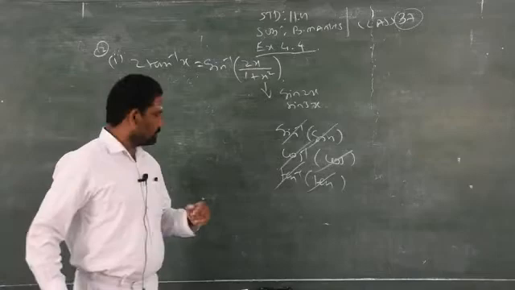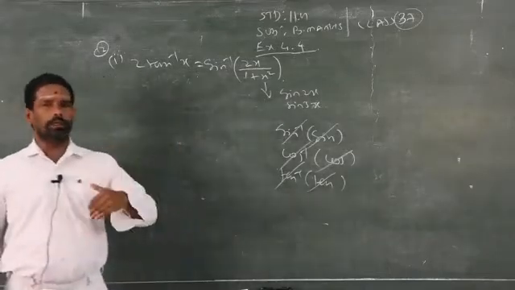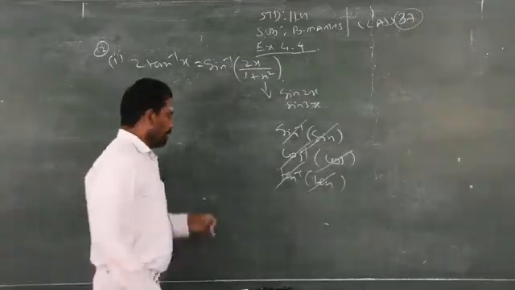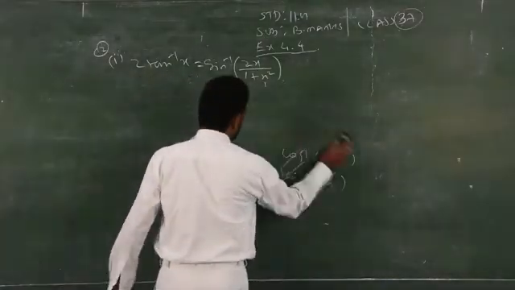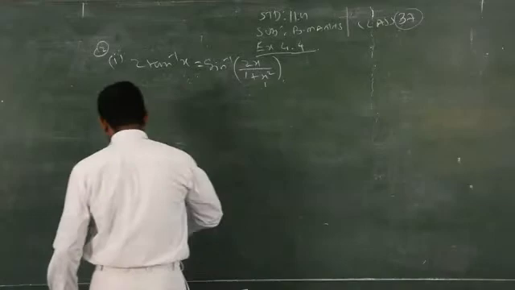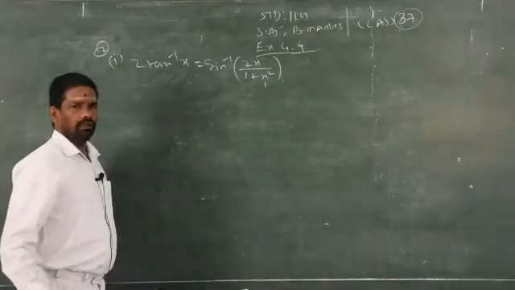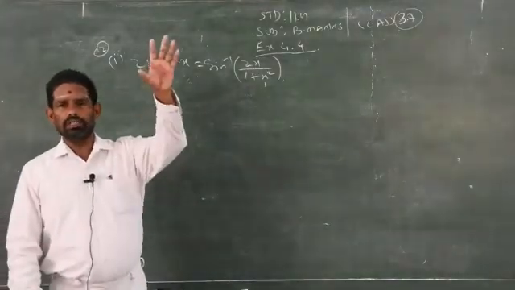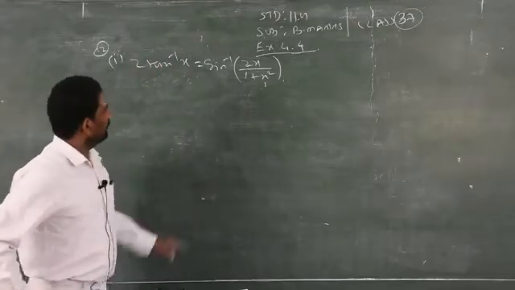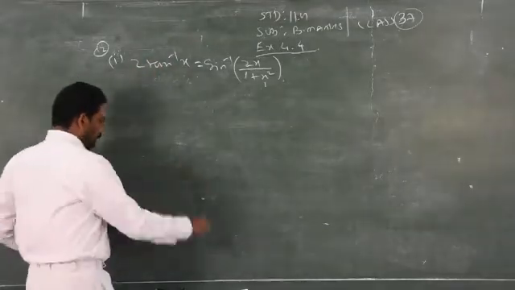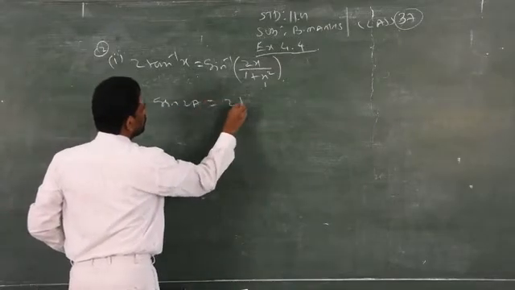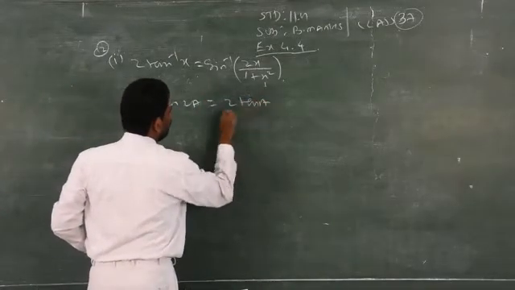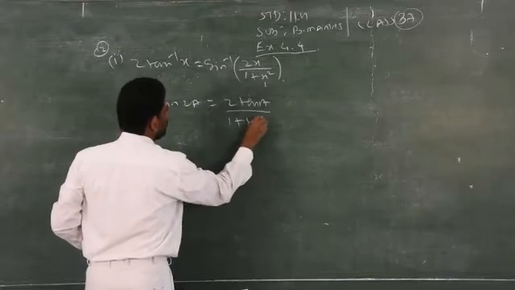For that purpose, you have to remember the formulas of sin 2a, cos 2a, tan 2a, and similarly sin 3a, cos 3a and tan 3a. Those 6 formulas you have to remember. Clear? So for sin inverse, I have a formula for sin 2a, that is 2 tan a by 1 plus tan square a.